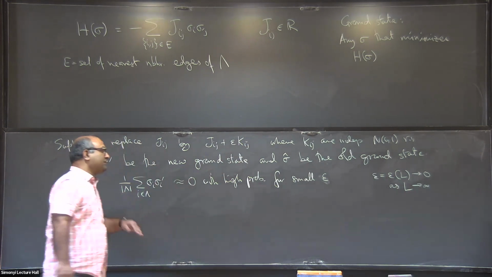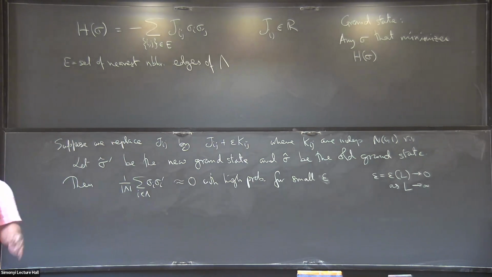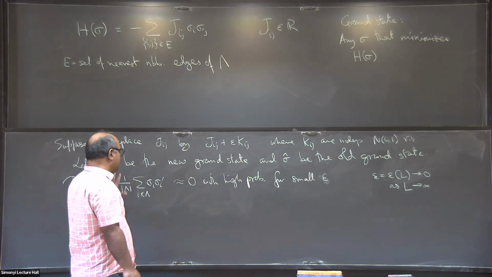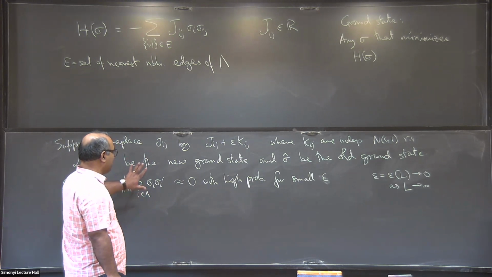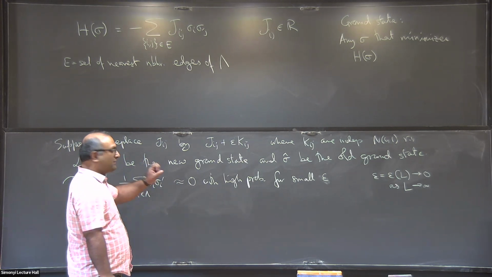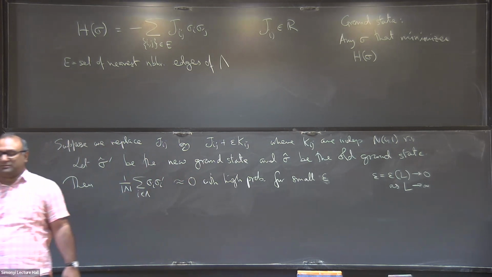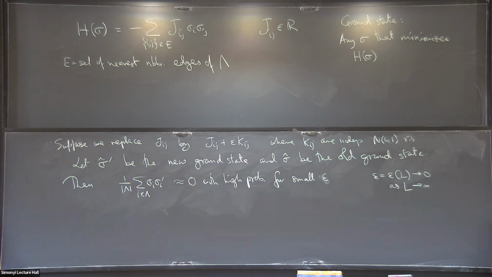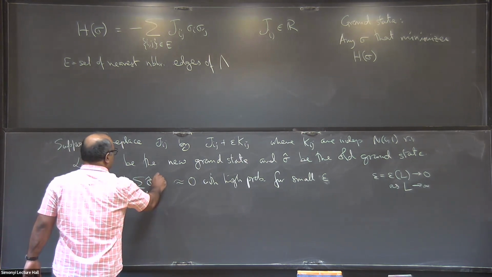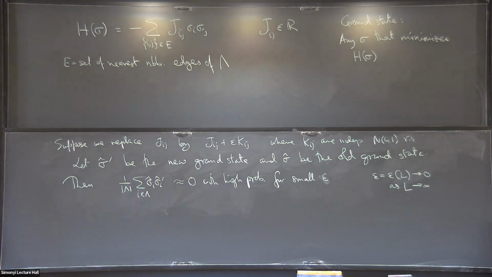So if the box is large, then you can choose an epsilon which is very small, depending on the size of the box, so that the two ground states that you obtain have a very small overlap with probability very close to 1, as the box size goes to infinity. This should have hats here. This is one notion of chaos.